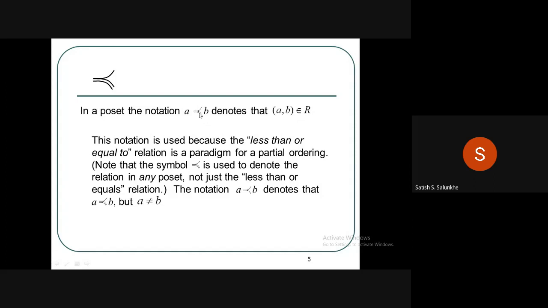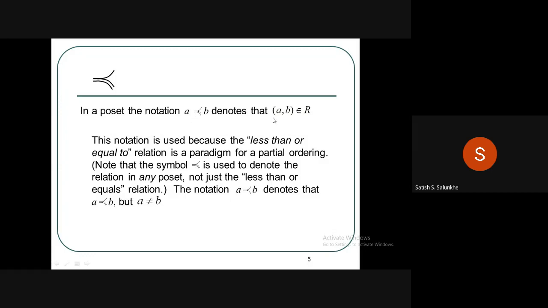Now, what does this equality mean? This equality means A is partially ordered related to B, where A and B both are the same in terms of their antisymmetric definition. But if A and B are not the same, then we denote it like this. This is in general, not with respect to any particular context.